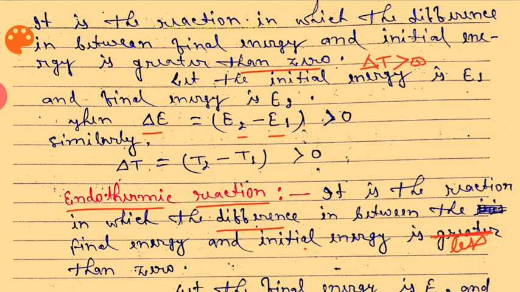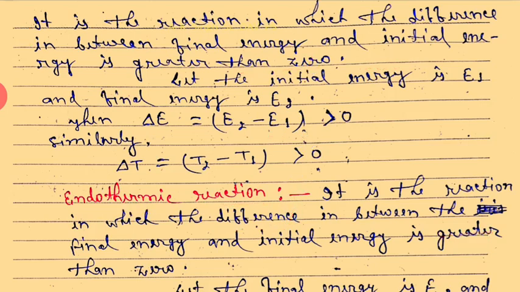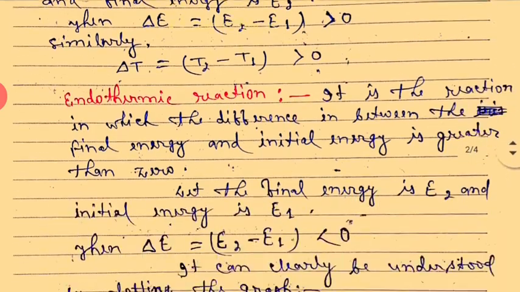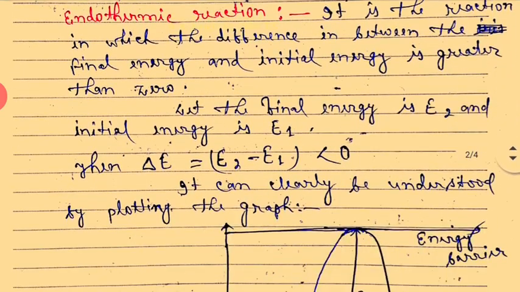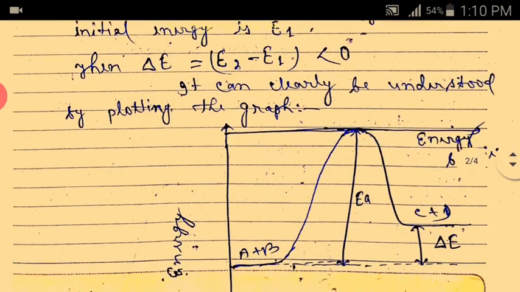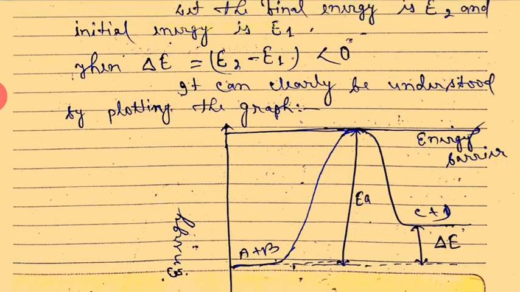Less than 0. Let the initial energy be E1 and final energy be E2. Then according to rule, del E is equal to E2 minus E1. It will be less than 0.